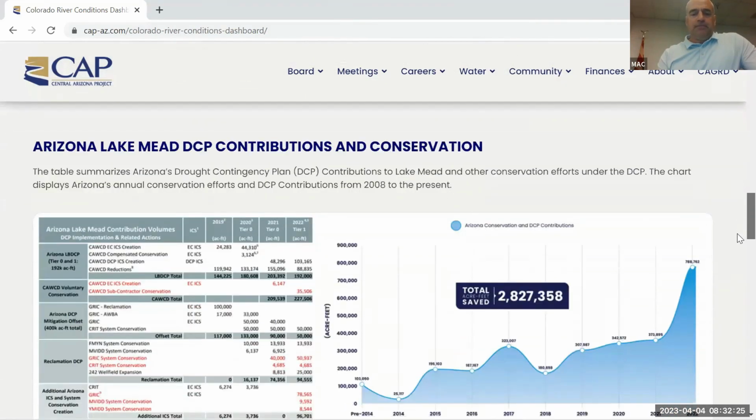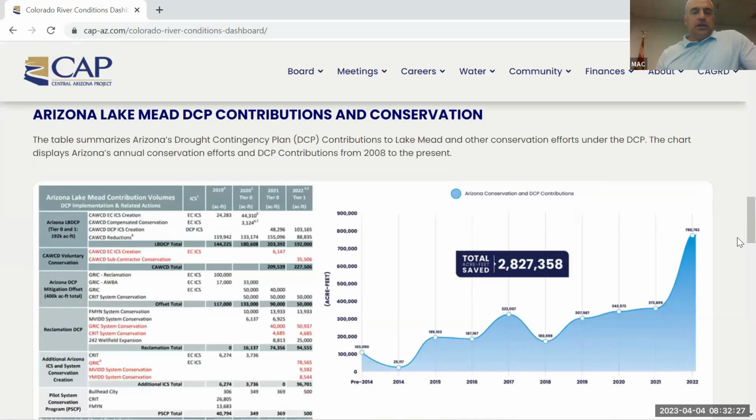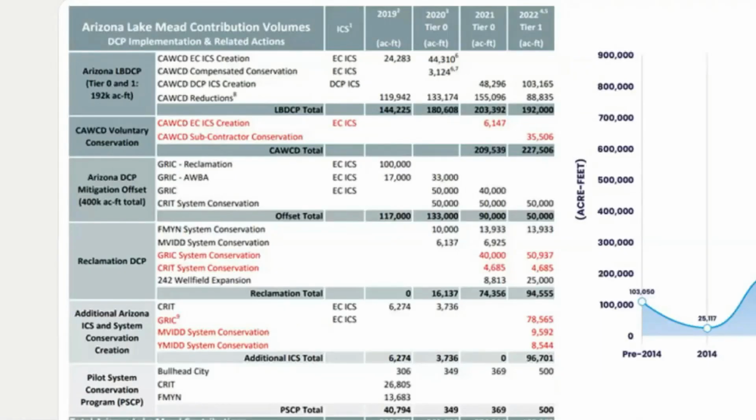So finally, we come down to condensing into a table form a little bit about how much water Arizona has contributed to the lake, to Lake Mead, over the past couple of years in terms of conservation and contributions. And basically, we break it down into voluntary contributions, DCP contributions made by the state, reclamation DCP, and these are the various types.